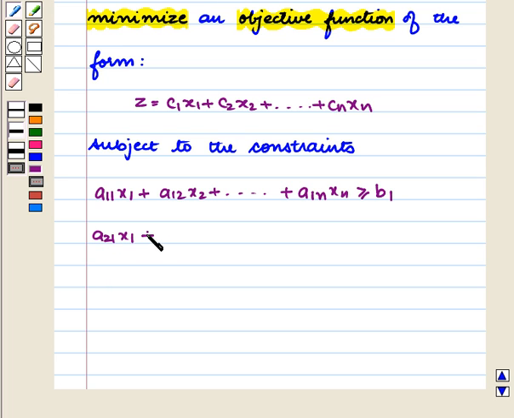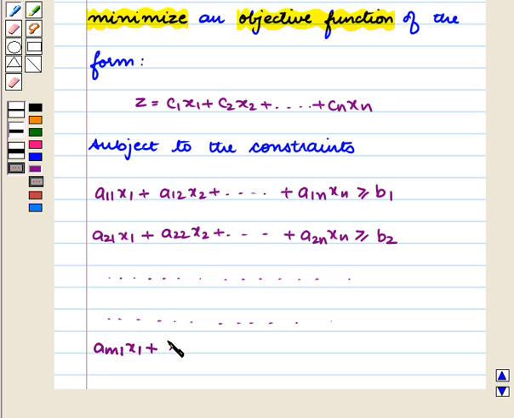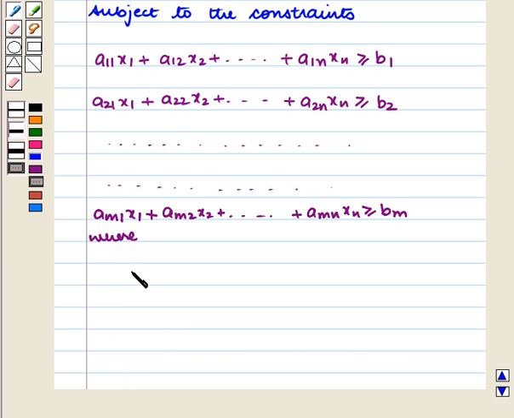a21 x1 plus a22 x2 plus so on plus a2n xn is greater than or equal to b2, and am1 x1 plus am2 x2 plus so on plus amn xn is greater than or equal to bm, where the bi's for i equal to 1 to m are non-negative.